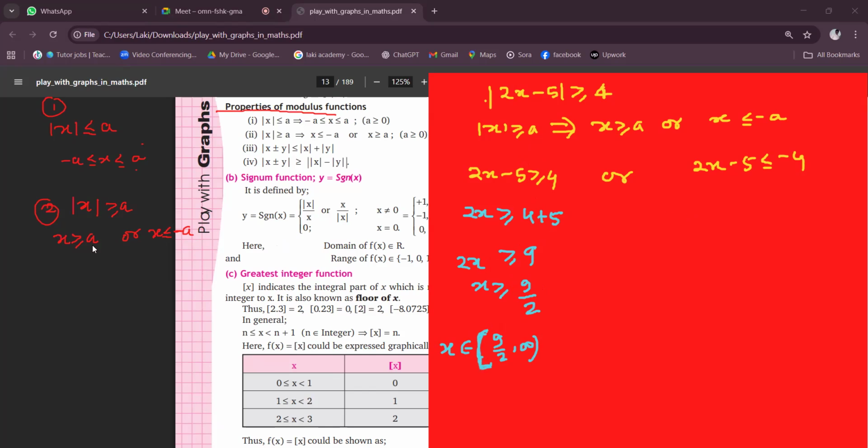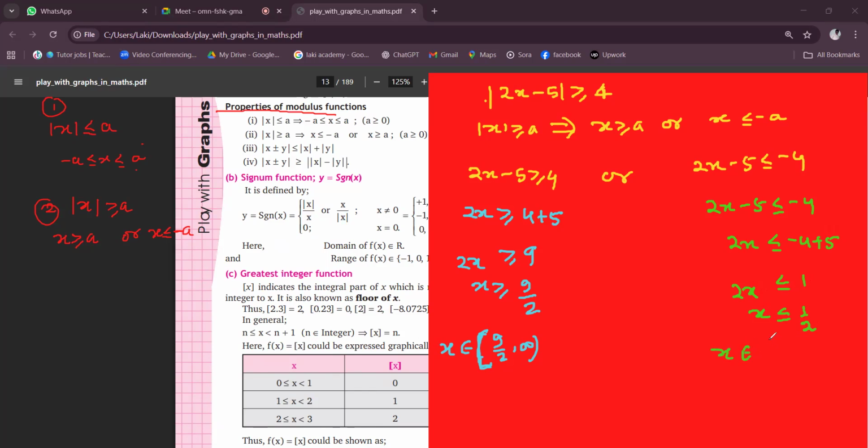Now I will solve the second part. What is the second part? 2x minus 5 less than or equal to minus 4. 2x minus 5 plus 5, right? So x will be what? Less than or equal to half.